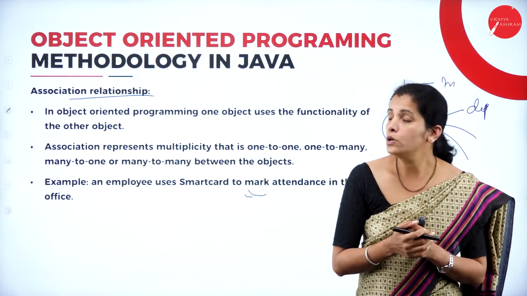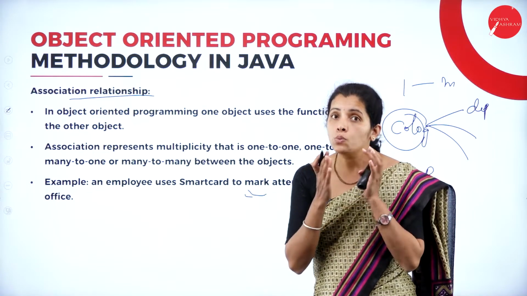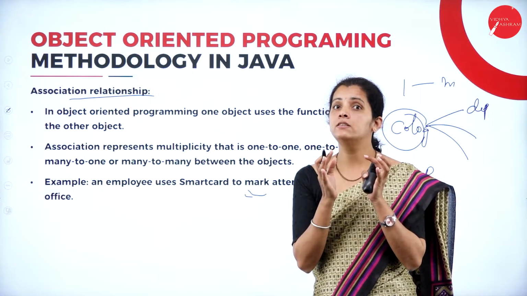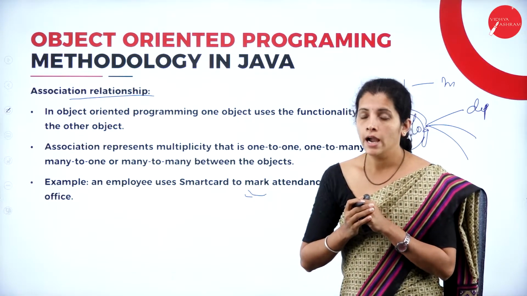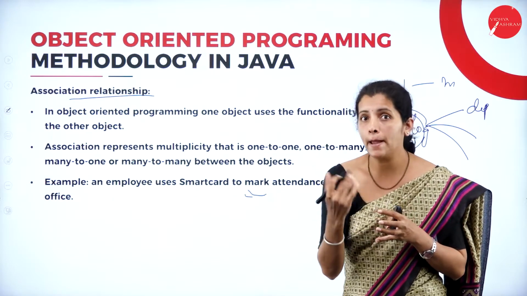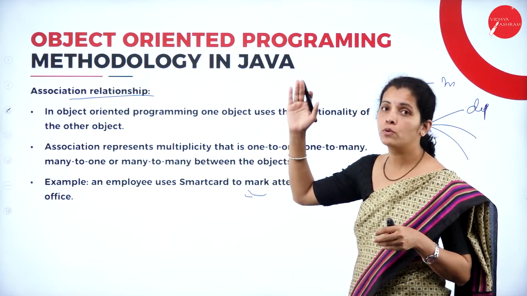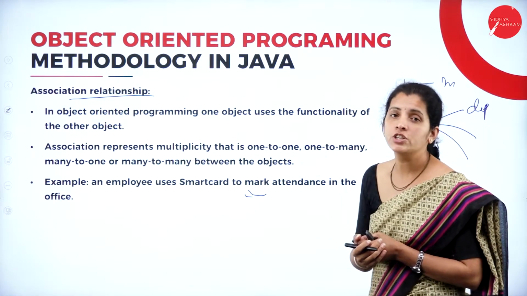Or I can consider another example, that there is one prime minister. So for one prime minister, there are n number of ministers. And if I consider a minister, there are many MPs. Similarly, if I consider the object-oriented programming concept, then we are going to have association relationship.